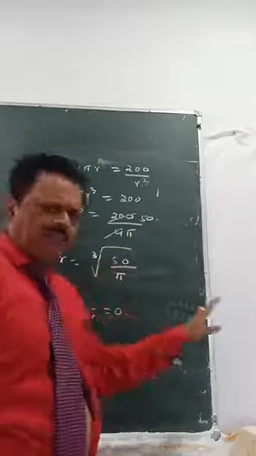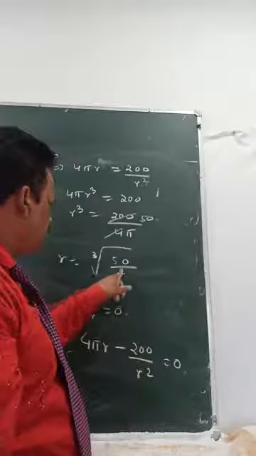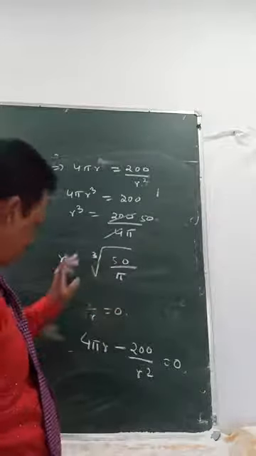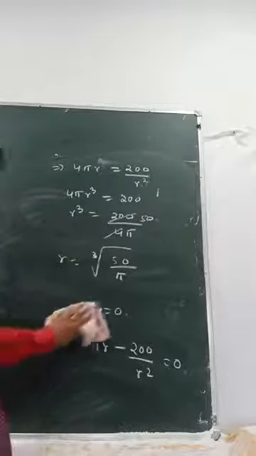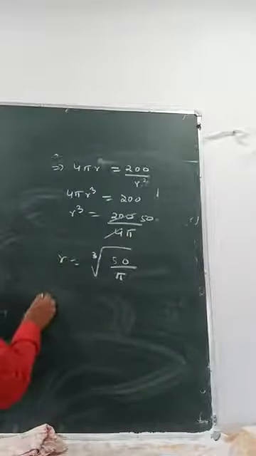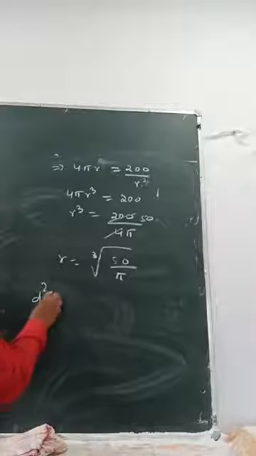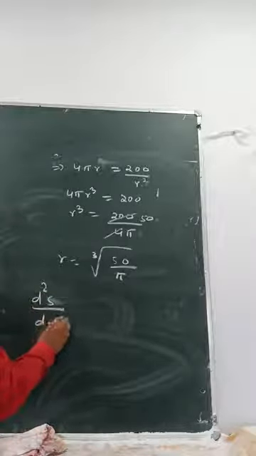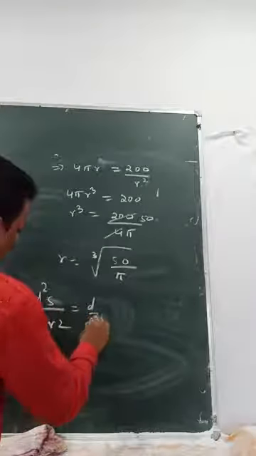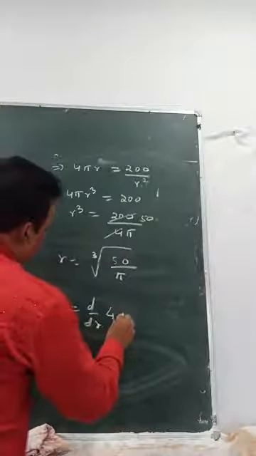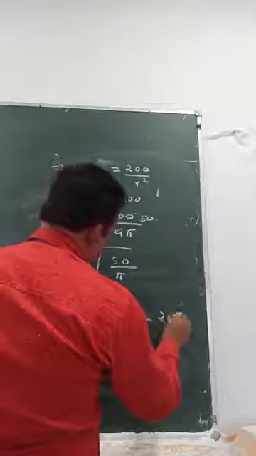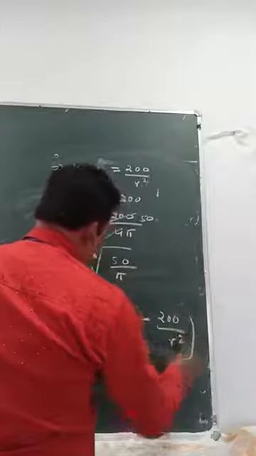Constant, you can keep it like this, doesn't matter. R is 50 by pi cube root. Now you got r. Again you have to prove your second derivative is less than 0. d square s by dr square, that is d by dr of 4 pi r minus 200 by r square.